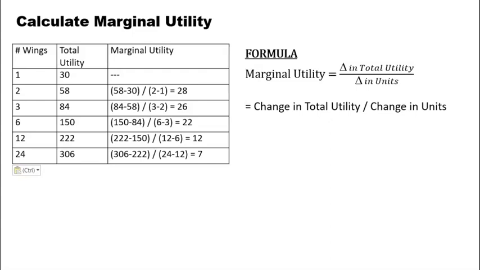These steadily decline, and if you wrote these on a graph, you would see that it would be downward sloping. This is another good example of the law of diminishing marginal utility. It decreases as more of the good is consumed over a given time.